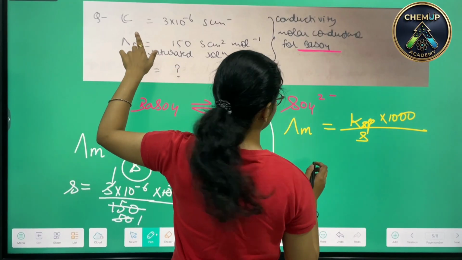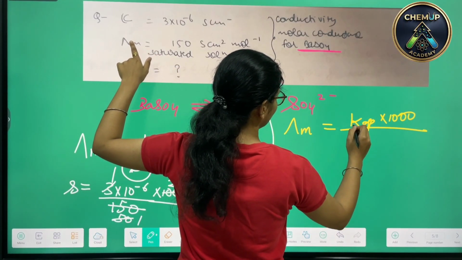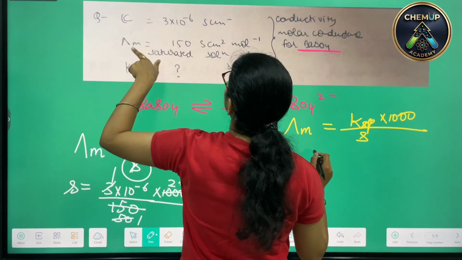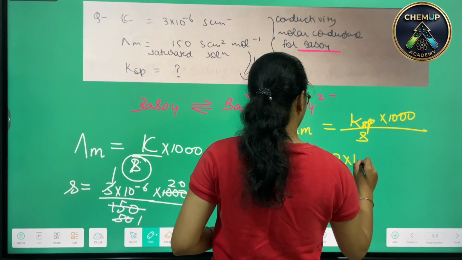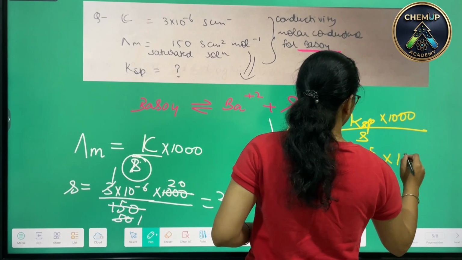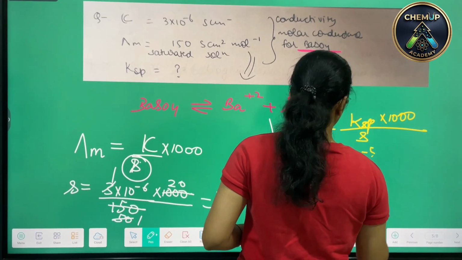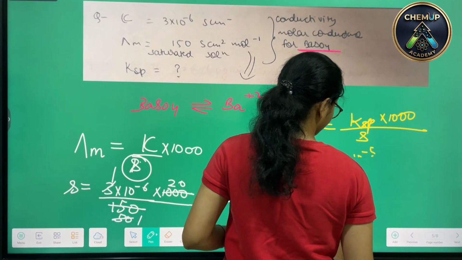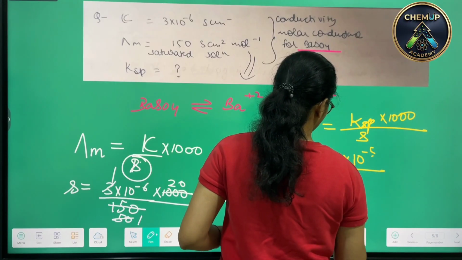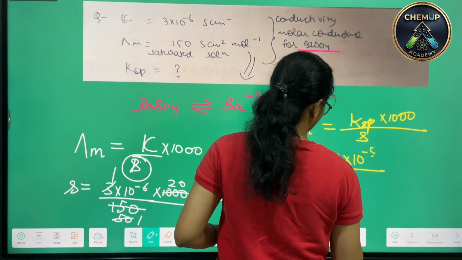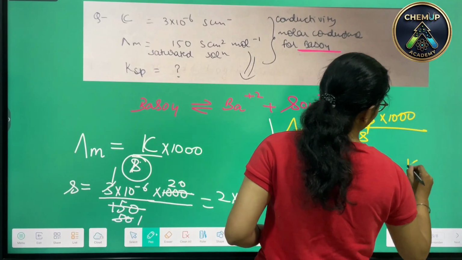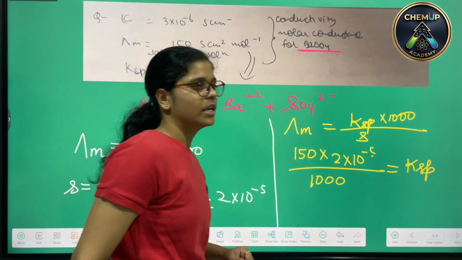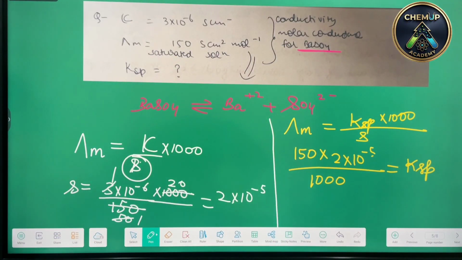KSP could be calculated by placing the molar conductivity 150 into solubility 2 into 10 to the power minus 5, and this becomes your KSP value. Like this, the similar question has been solved for you.